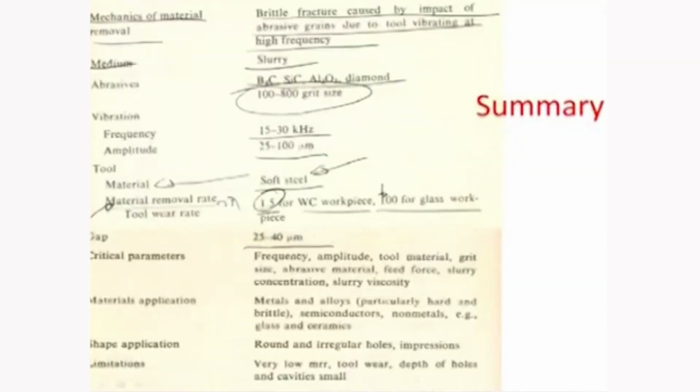AJM we have seen earlier. The gaps that are realized is about 25 to 40 microns between the tool and the workpiece. And some of the critical parameters of this process are, for example, frequency, amplitude, tool material, grit size, abrasive material, feed force, slurry concentration, viscosity, so on and so forth.